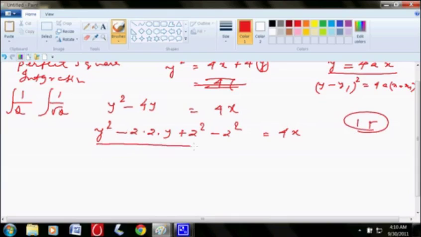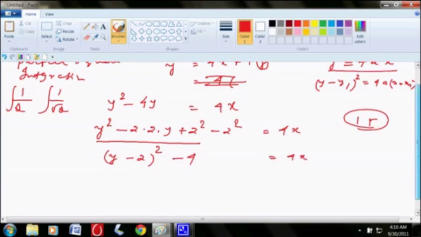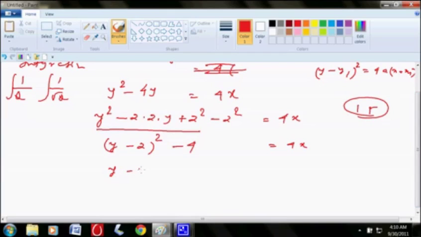Now this portion is y minus 2 whole squared minus 4 is 4x. Now y minus 2 whole squared is 4x plus 4, which, taking 4 off as the coefficient, is x plus 1.